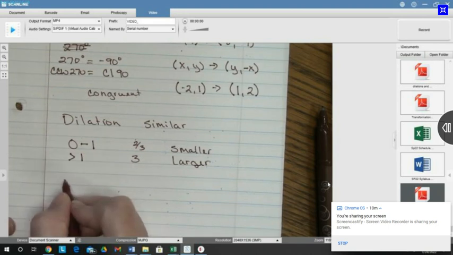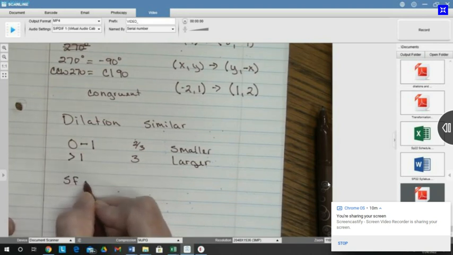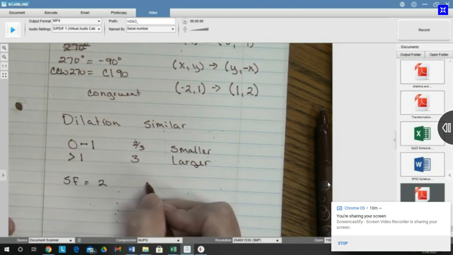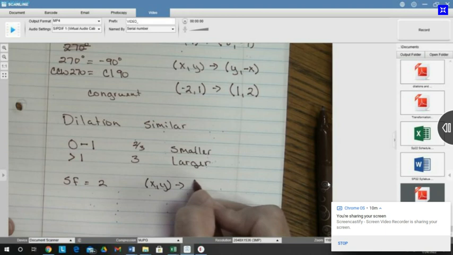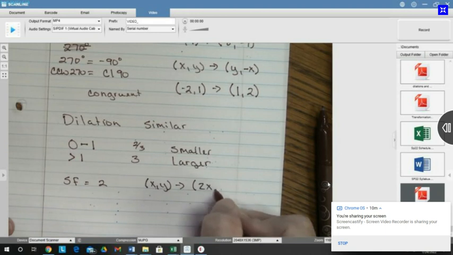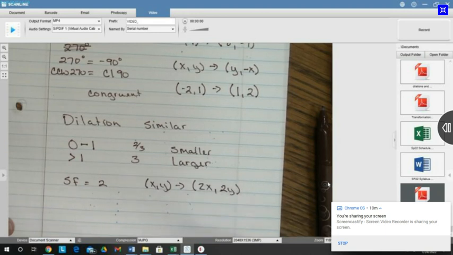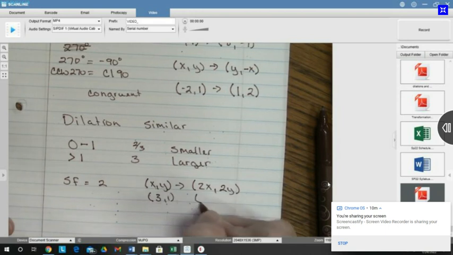So if I say scale factor is 2, then you're going to multiply the coordinate (x, y) by 2. 2 times x, 2 times y. So if my coordinate is (3, 1), then 2 times 3 is 6, 2 times 1 is 2.